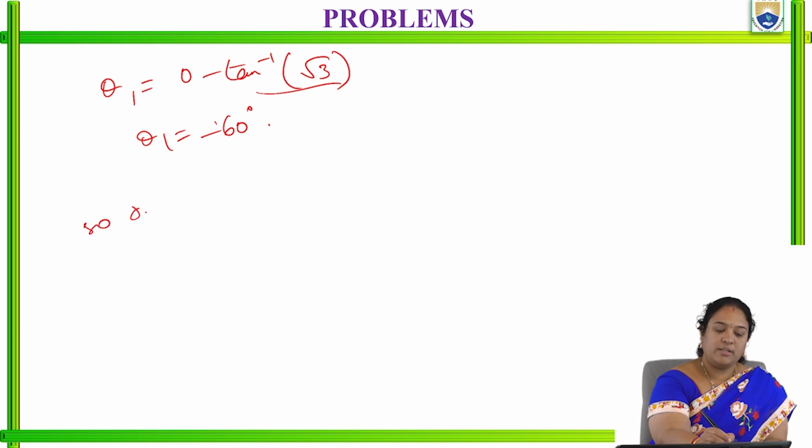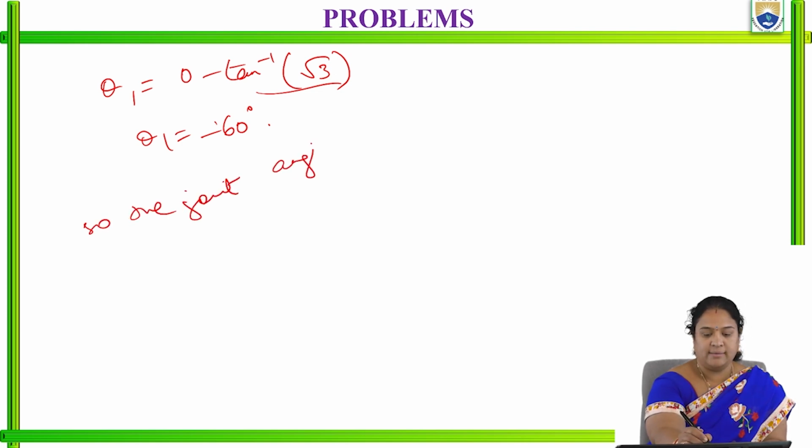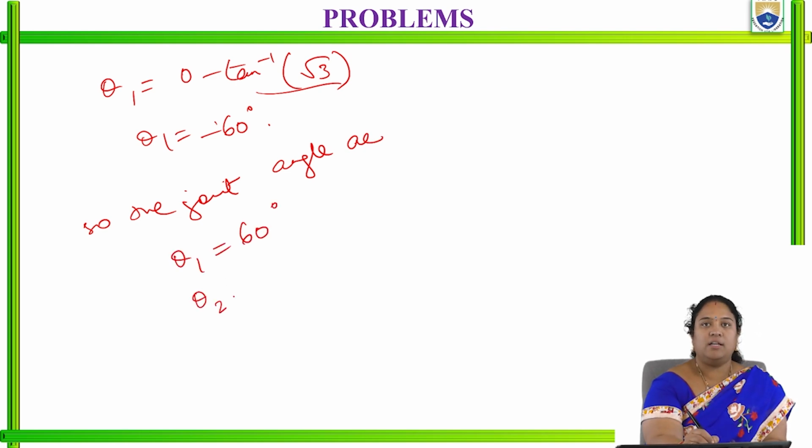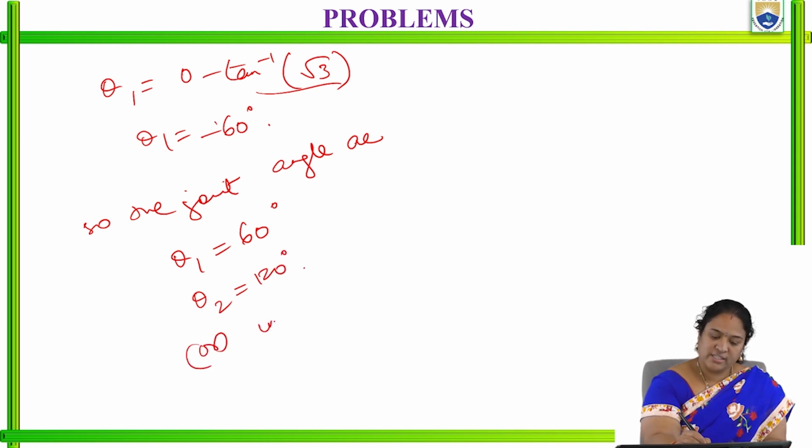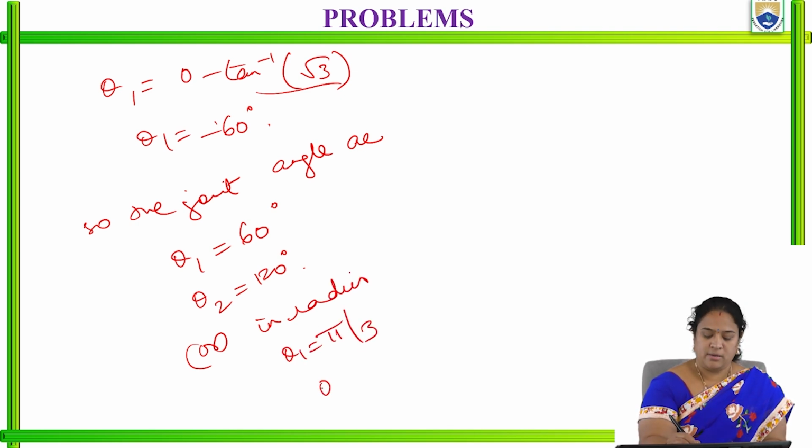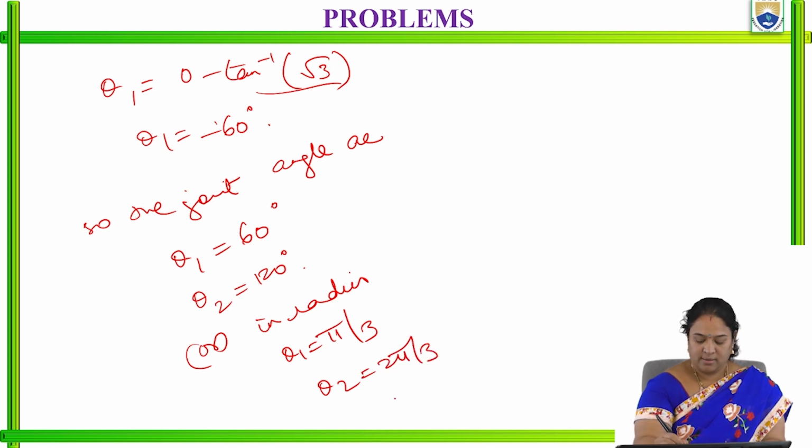So the joint angles we have got are theta 1 is equal to 60 degrees, theta 2 is equal to 120 degrees, or with respect to radians, theta 1 is equal to pi by 3 and theta 2 is equal to 2 pi by 3.